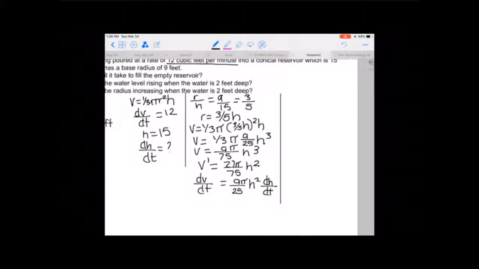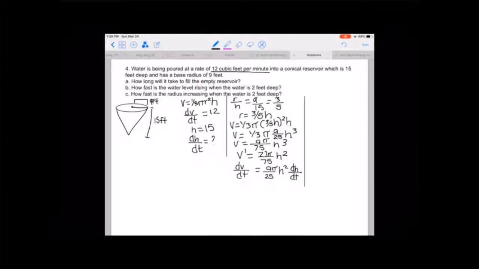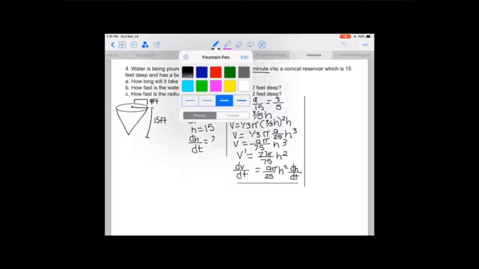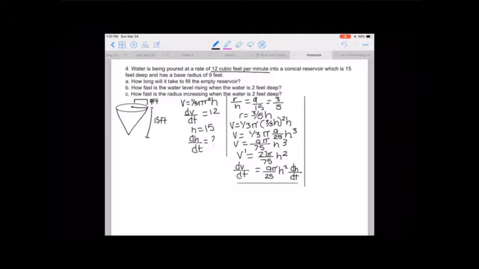Now, using this derived volume equation that's simplified, we can plug in our derivative of the volume into the equation and our h, and find our dh over dt. So 12 equals 9 over 25 pi times 15 squared times dh over dt.